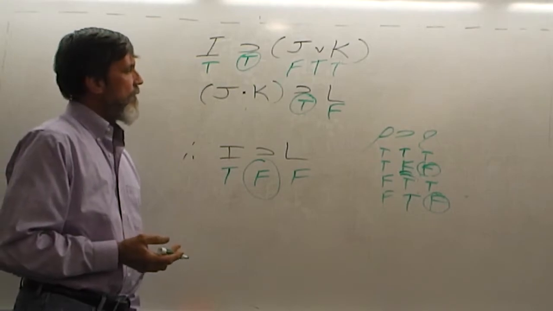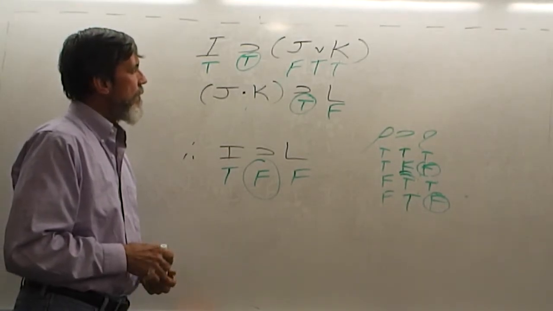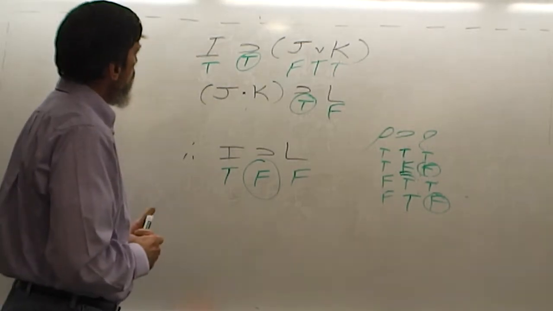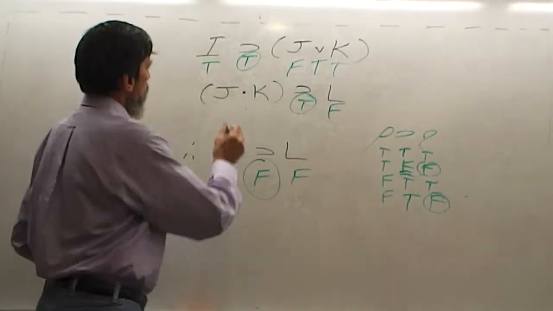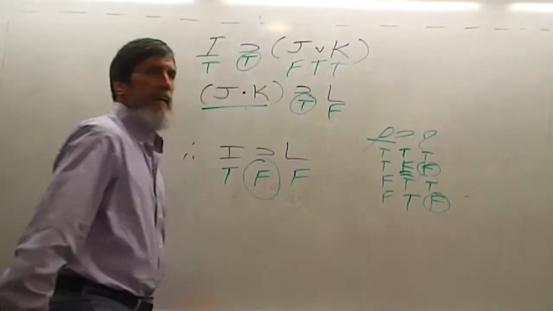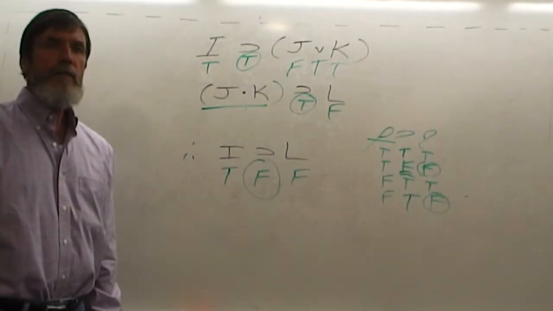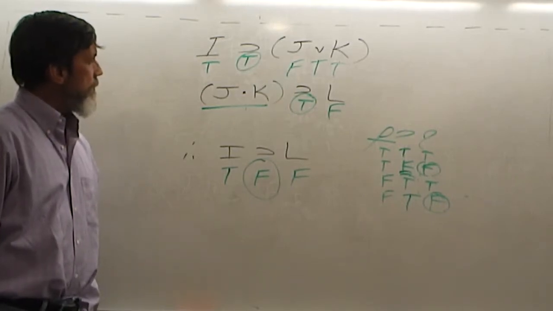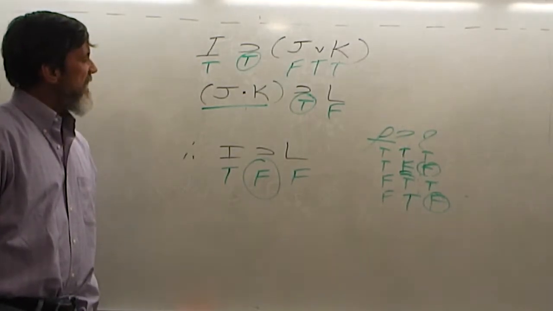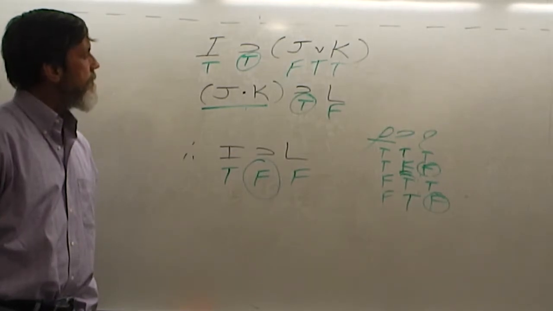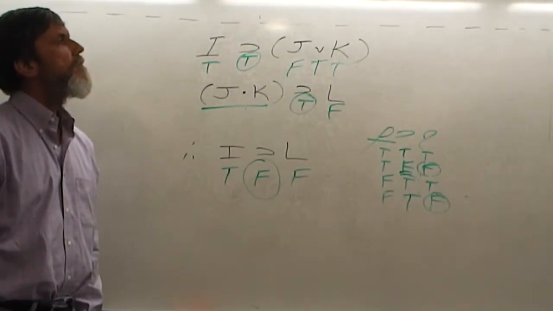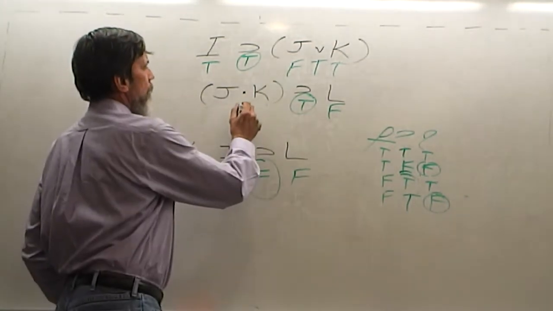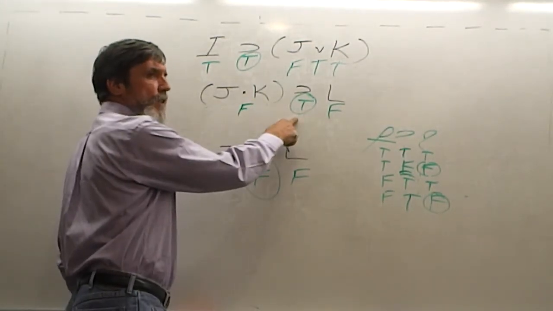I was talking about the placement of the F going underneath the dot or and, the conjunction and. You put it there because that is the antecedent. Right, you're using it as a whole, and then you're going back and using the table for the dot or the and to get the values, the true or false, for the J and the K. I put false here because the antecedent of the horseshoe has to be false.